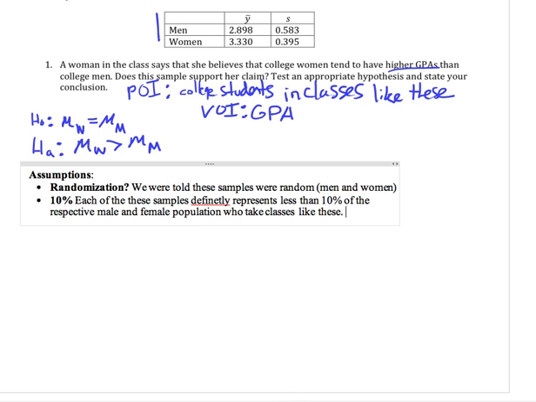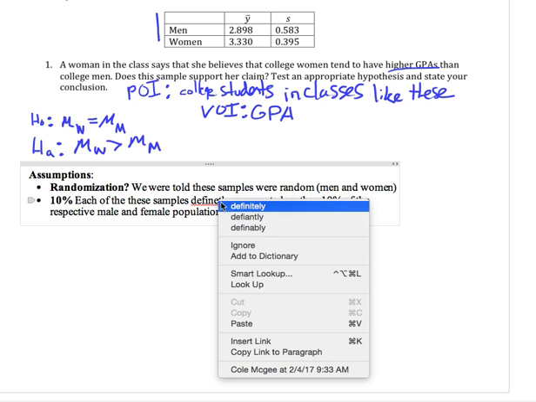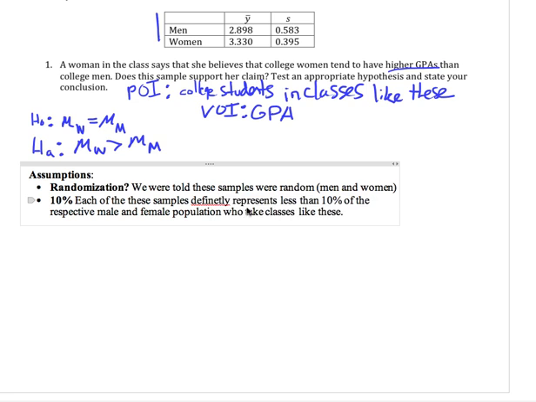Even if we were at a smaller school, over the years, that would probably definitely apply. Maybe we're just trying to extend our results to this particular year. But I think if this is any kind of size of school, we can definitely extend the results at least to classes like these within that school. Whether we can extend them beyond that school is another question. So I think we're pretty safe here, as long as we're not extending beyond that school.